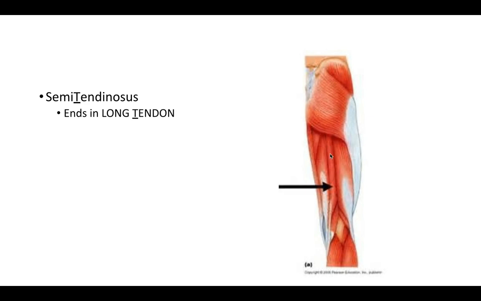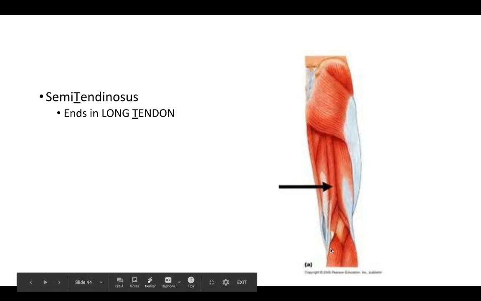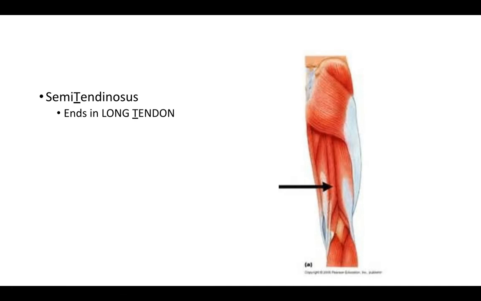That first skinny muscle, if you track it all the way down about right here, it turns into a white stringy tendon that goes all the way down to your tibia. So that is our semitendinosus. It ends in a big long tendon on the back side, the posterior side of our upper leg. It is one of our three hamstring muscles.